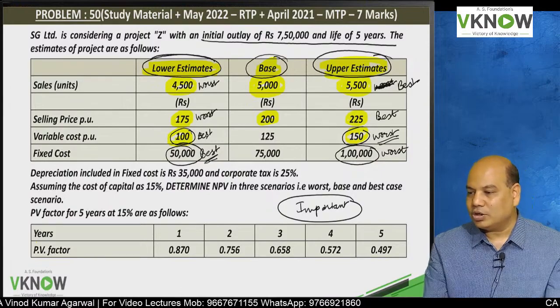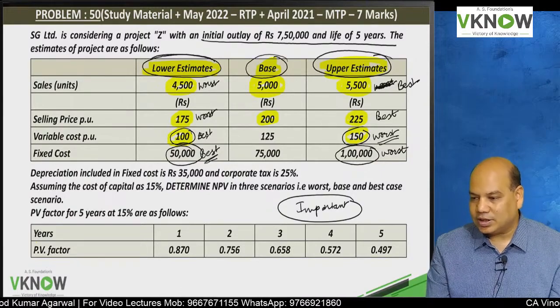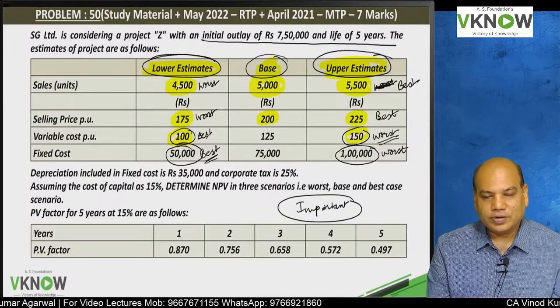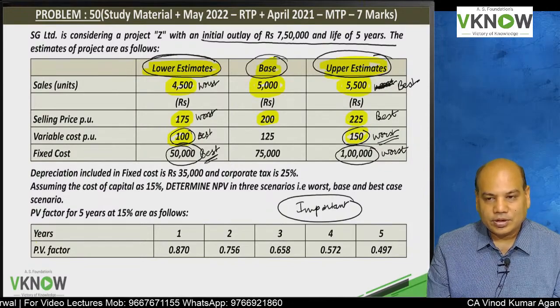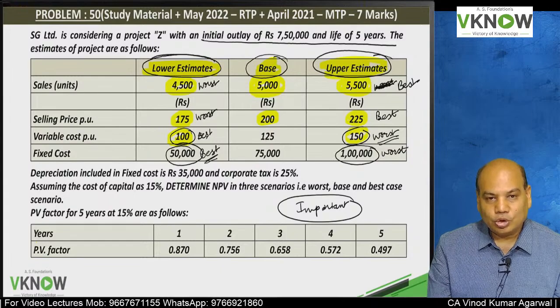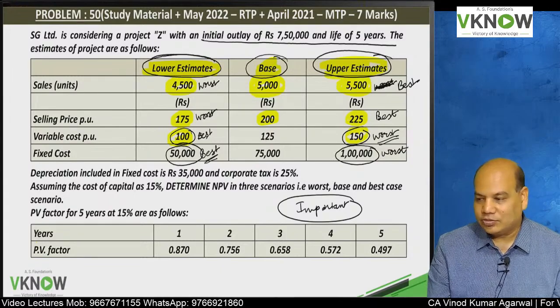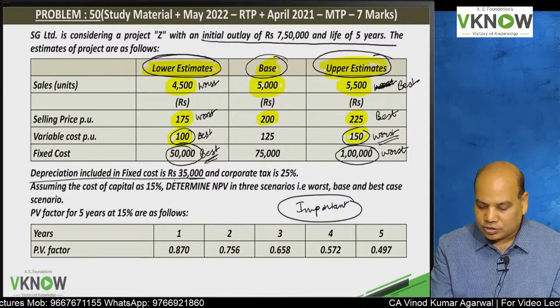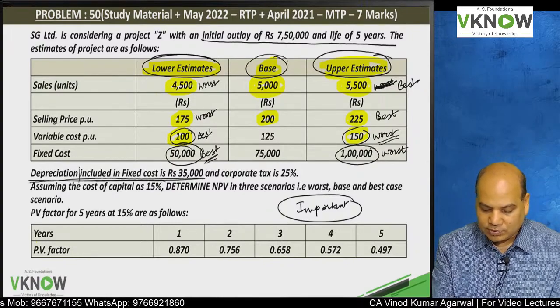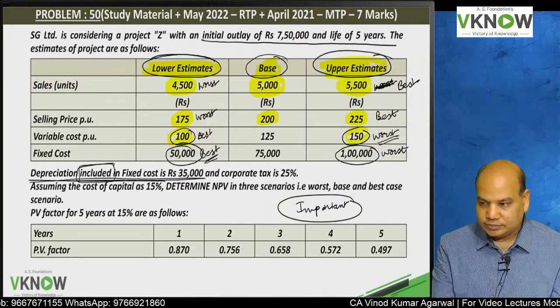So don't go by the column, go by the understanding. In case of revenue items, higher is better, lower is worst. In case of cost item, lower is better, higher is worst. And then depreciation included in fixed cost is 35,000. This time they have used the word included.